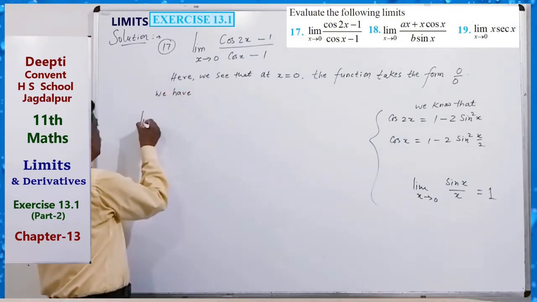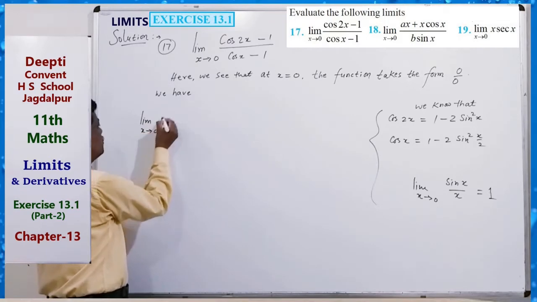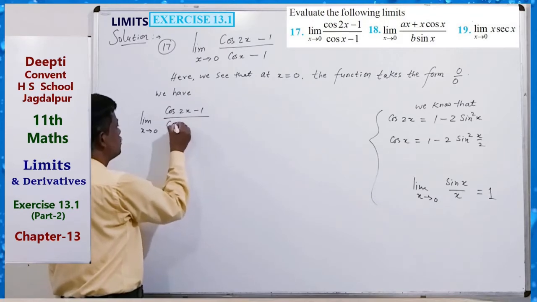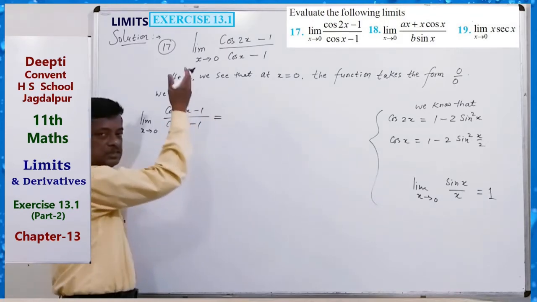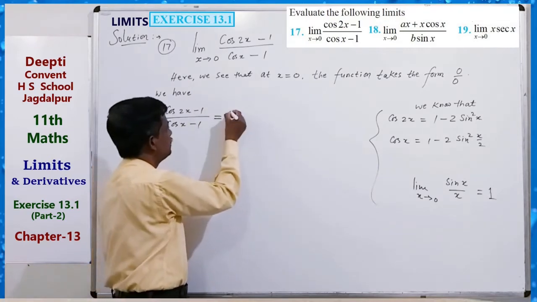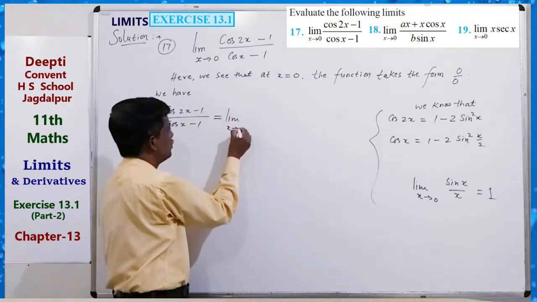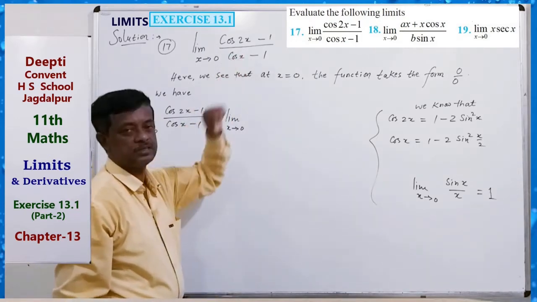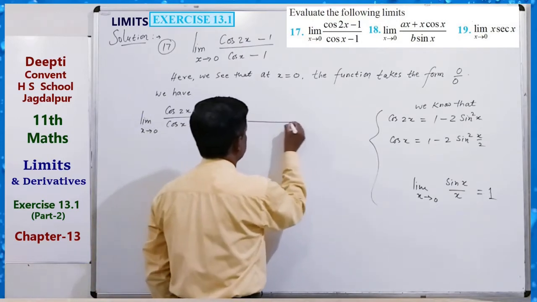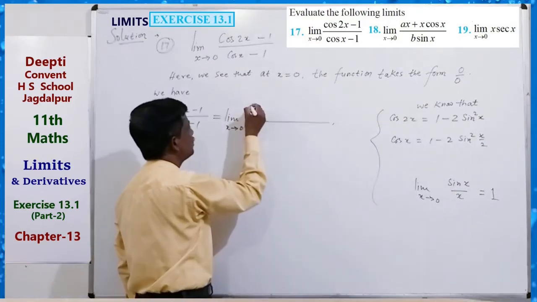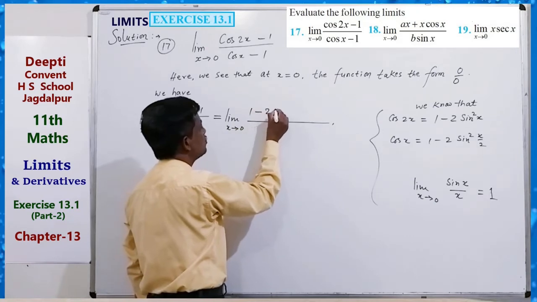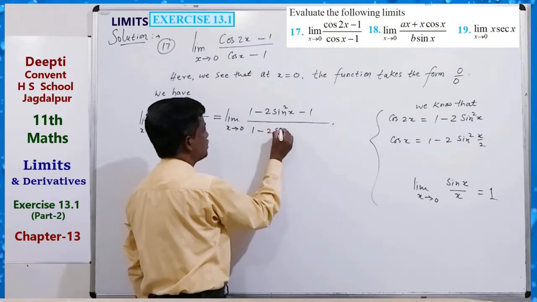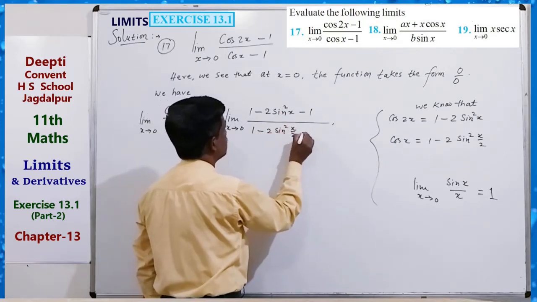So we have the limit as x tends to 0 of (cos 2x minus 1) upon (cos x minus 1). Because it is of 0 by 0 form, we are required to solve it by converting using this formula: (1 minus 2 sin square x minus 1) upon (1 minus 2 sin square x by 2 minus 1).